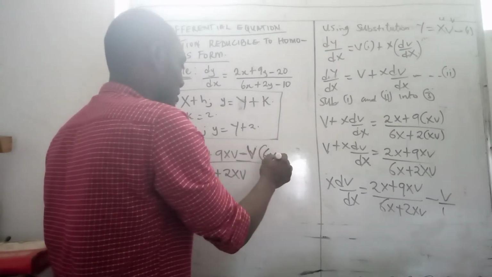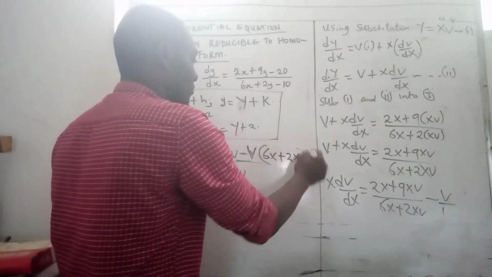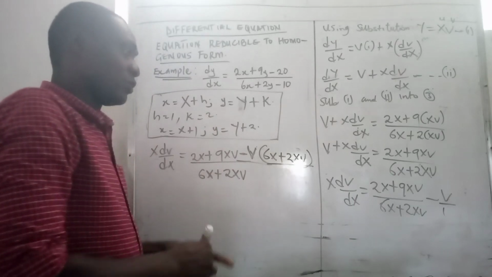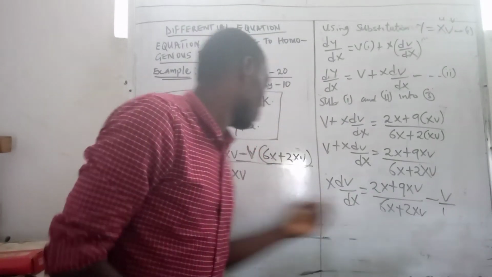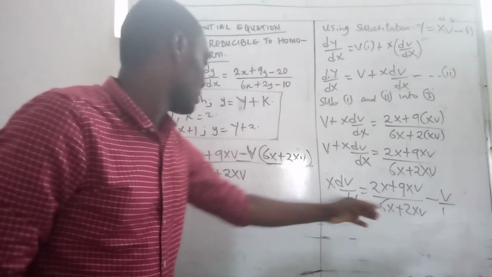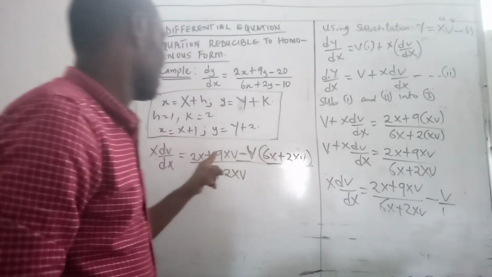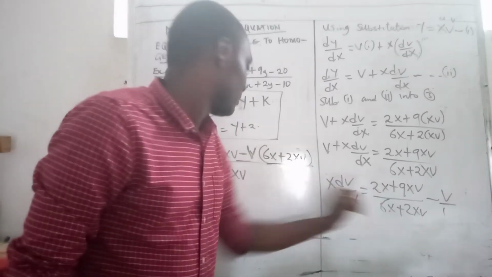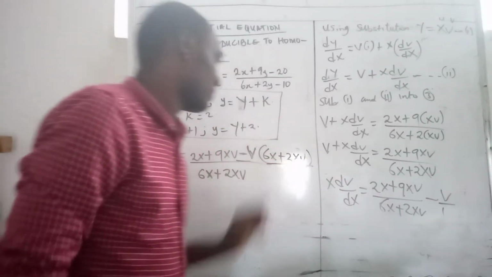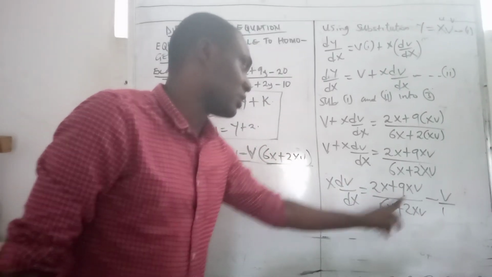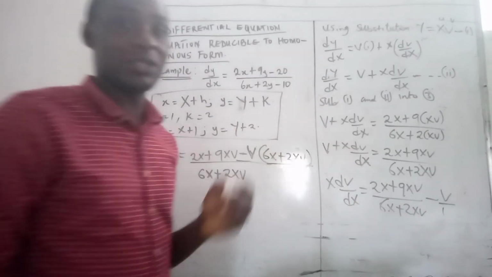So I have 6x plus 2xv. Take note, I just took the LCM of this and this to be this. This divided by this is 1. 1 times this gives me this. This divided by 1 gives me this. This multiplied by this gives me this.